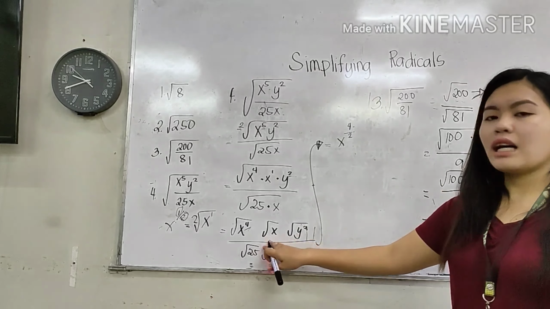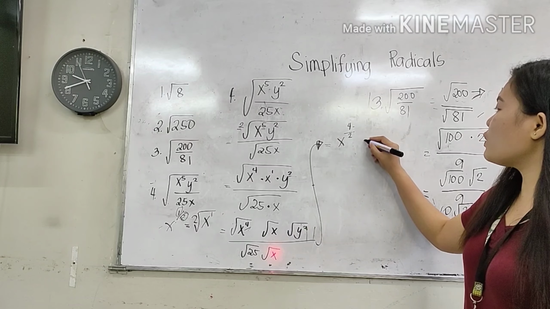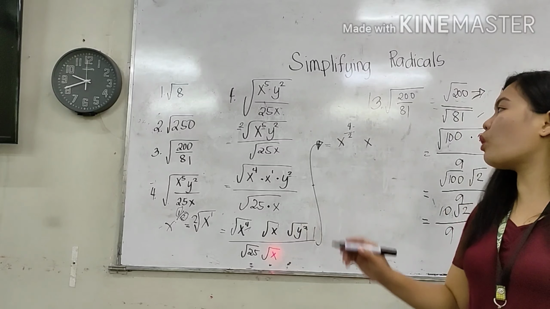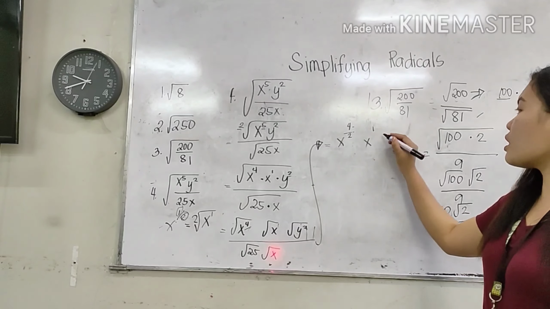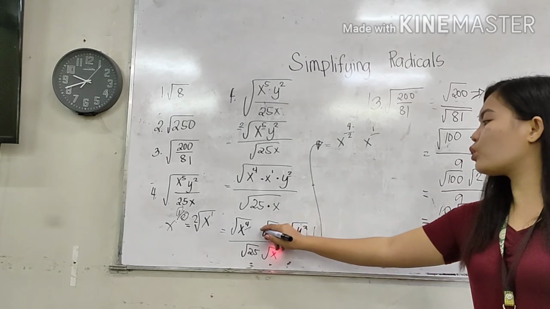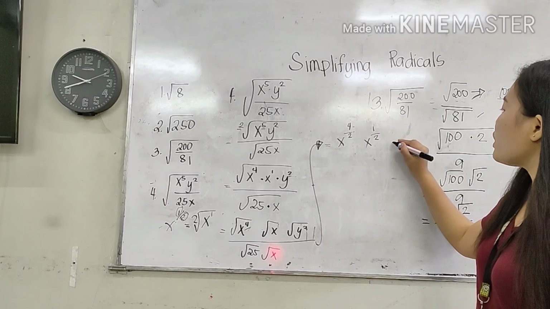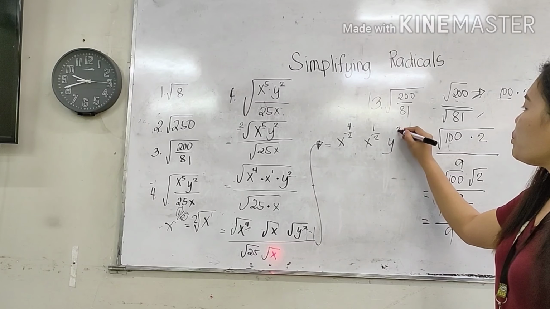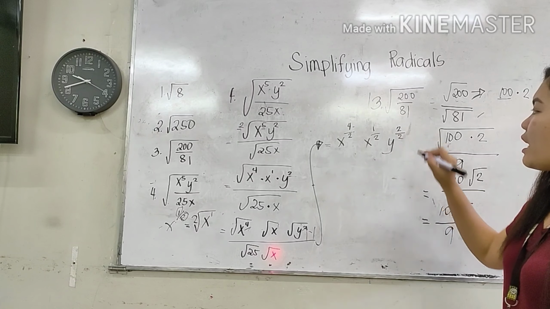So next, let's extract this. For example, we have here x raised to, automatically there is an exponent 1. So we put 1 as our numerator and 2 as our denominator. Next, we have here y. We write 2 as our numerator and also 2 as our index.